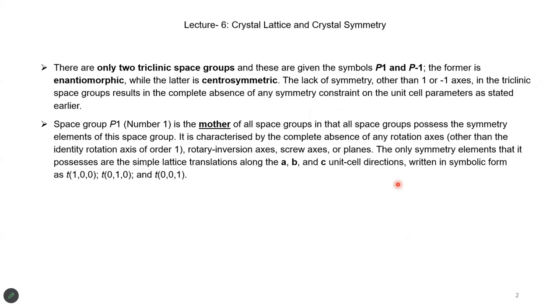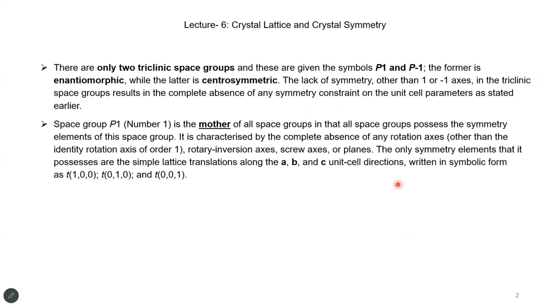You know that for space groups, we must know the point groups, and the 32 point groups, when we combine them with Bravais lattices, we derive 230 space groups.